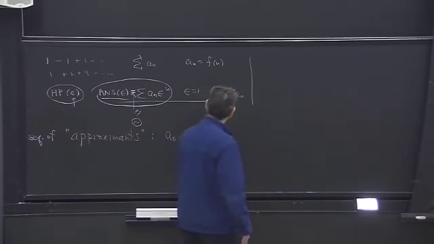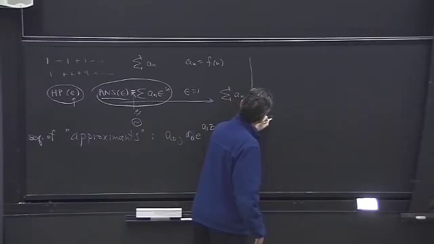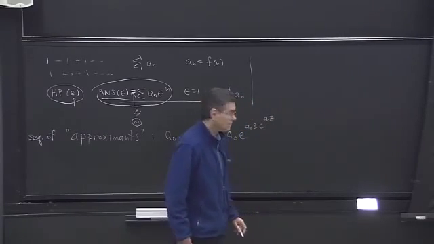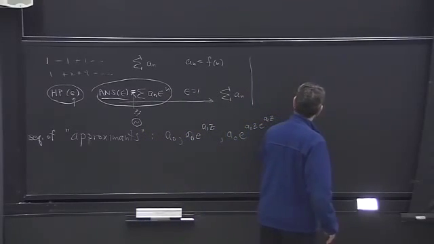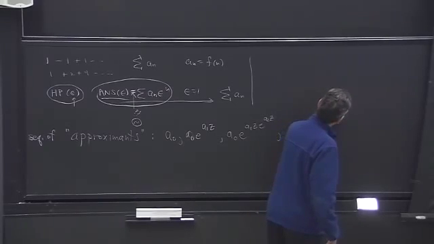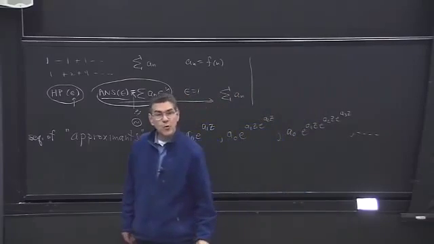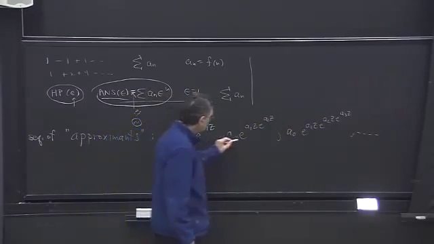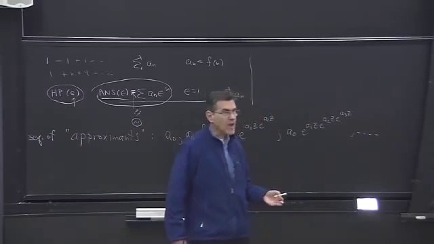And the next one is a0, e to the a1z, e to the a2z. Okay? And the next one is a0, e to the a1z, e to the a2z, e to the a3z, and so on.